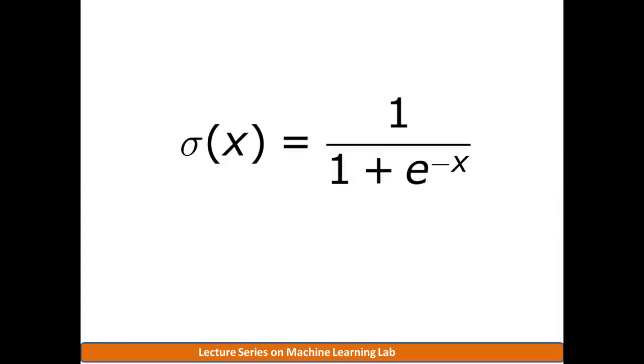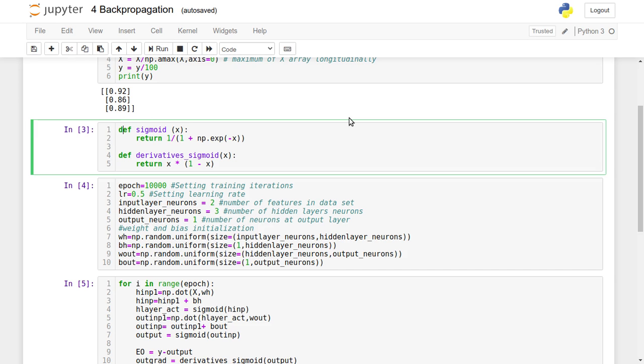That is represented as return 1 divided by 1 plus np.exp of minus x, since the exponential is present in the np package.